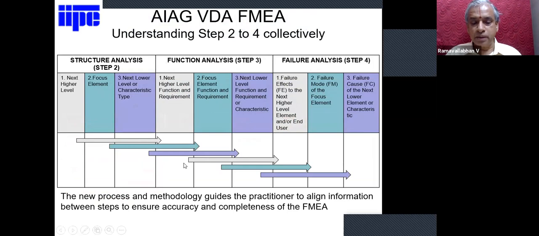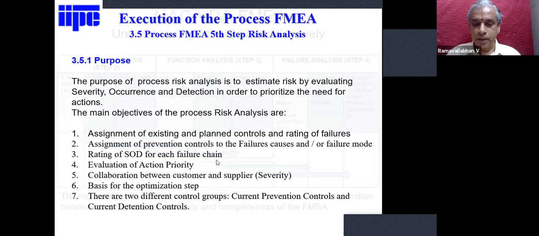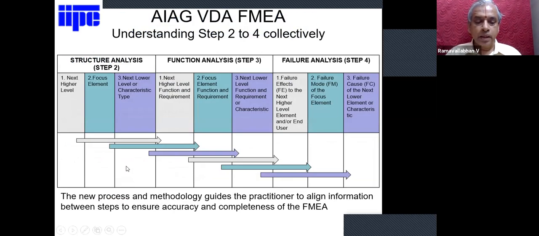If the process function is not working, it leads to a failure. The process step element, the focus element, has a function, and if it is not working, it will lead to a failure. And the process work element has a function. If it is not working, it will lead to a failure. That's how it has to be understood.